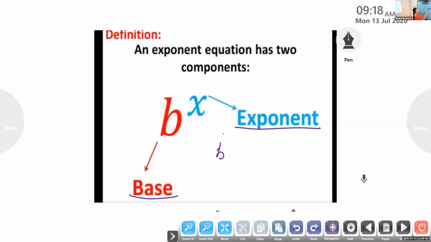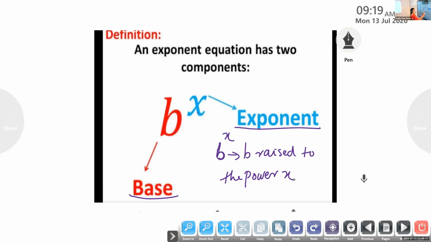We can call it as B raised to the power x. Usually we will call it as b raised to x. Actually it is b raised to the power x.